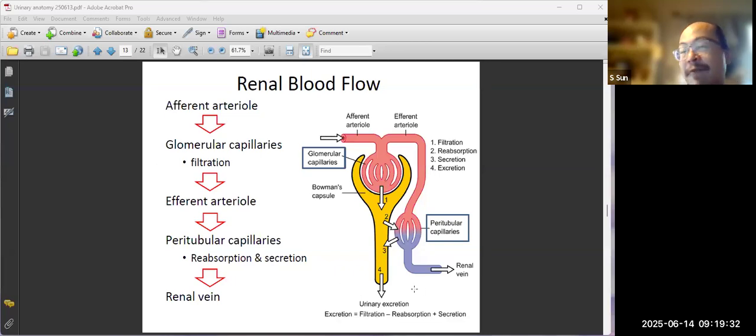This is basically the foundation for the urinary process. The remaining is just transportation, but to produce urine, this is the key. This place is the major area to finalize the components of the urine.